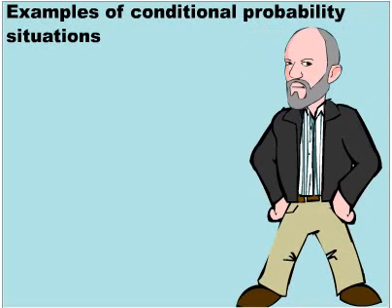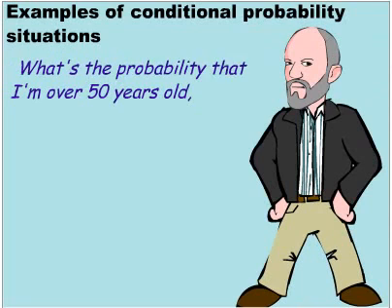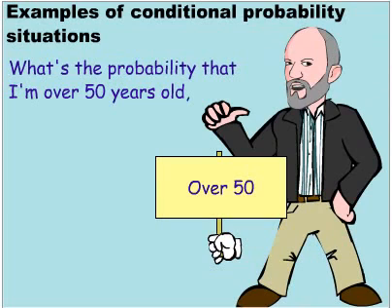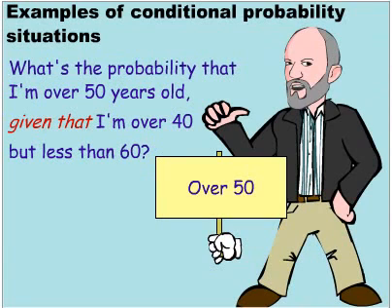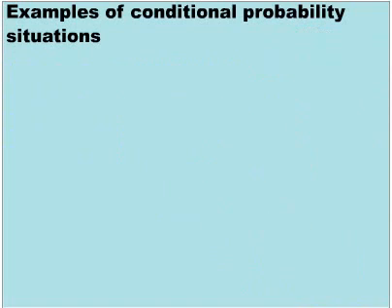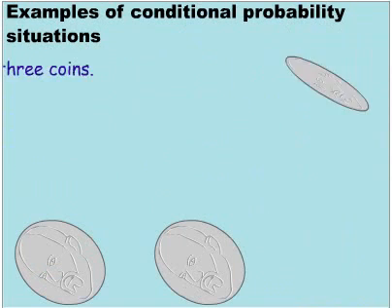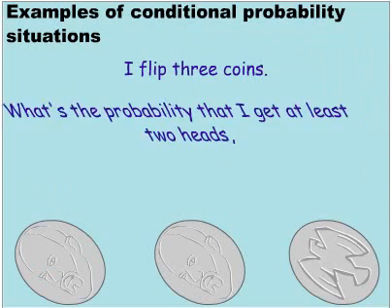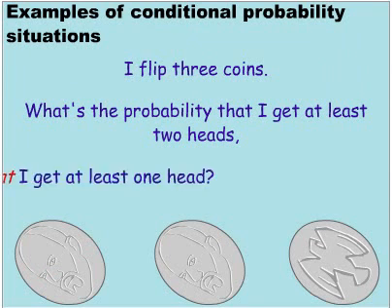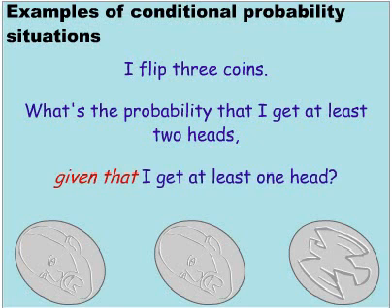Here are some typical examples of conditional probability situations. What's the probability that I'm over 50 years old, given that I'm over 40 but less than 60? I flip 3 coins. What's the probability that I get at least 2 heads, given that I get at least 1 head?